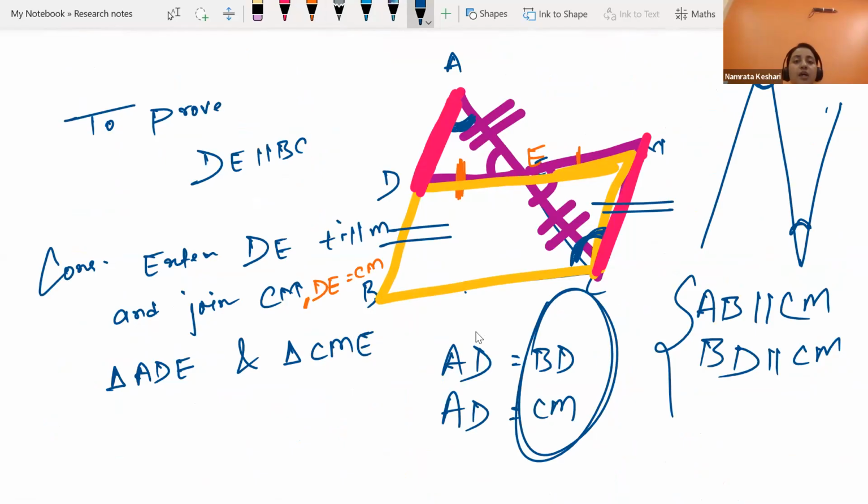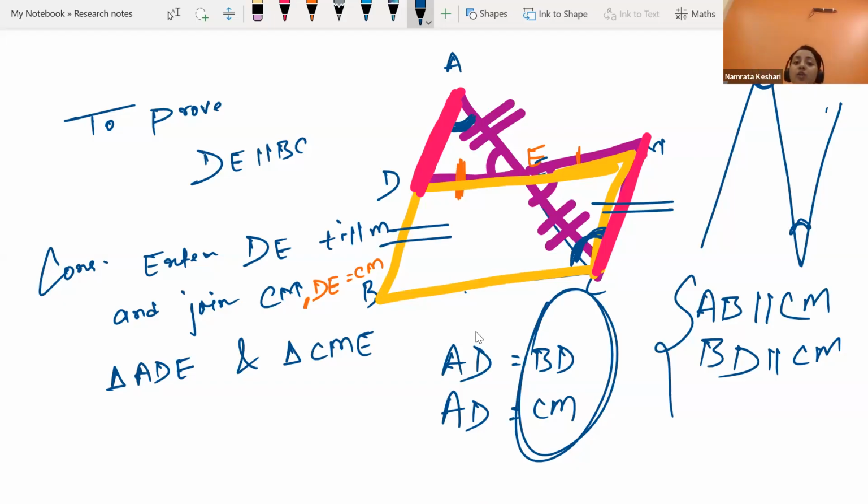That means that it must be a parallelogram. Okay, no other quadrilateral follows such a property. In a trapezium also, only one pair of sides is parallel, not equal. In an isosceles trapezium, the legs are equal.